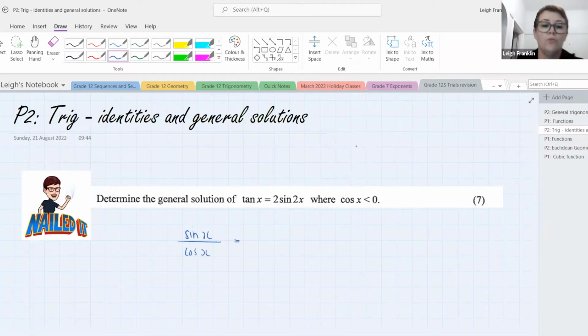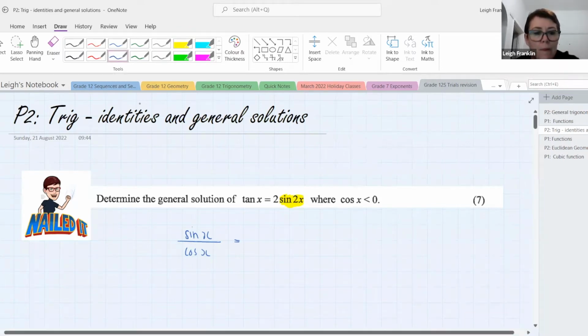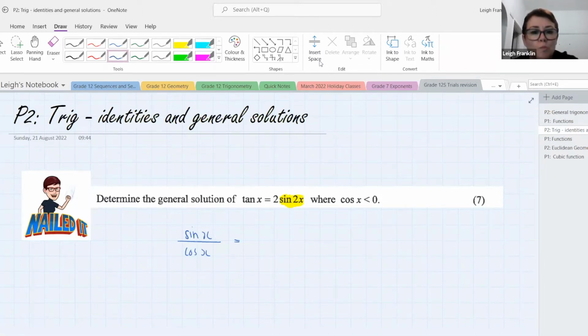What do we do when we see sine 2x? So this over here, what do we do with that? Yes, exactly, Aisha, quite right. It is a sine double angle identity.